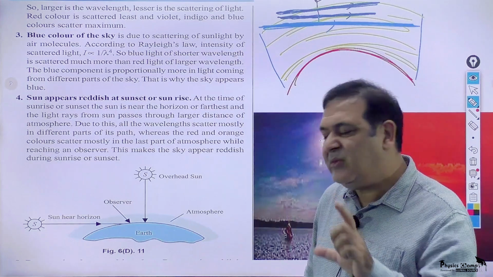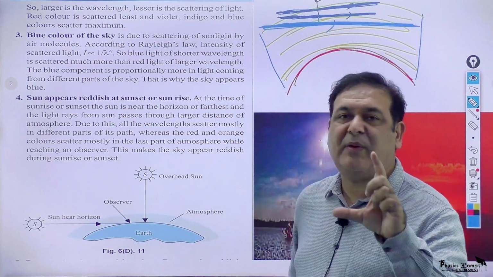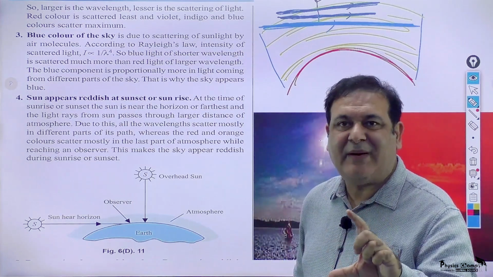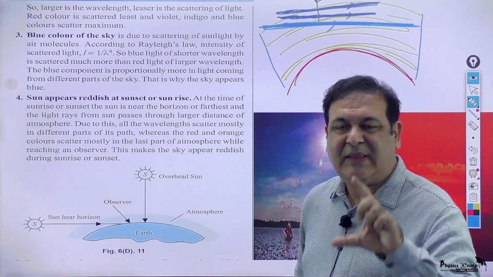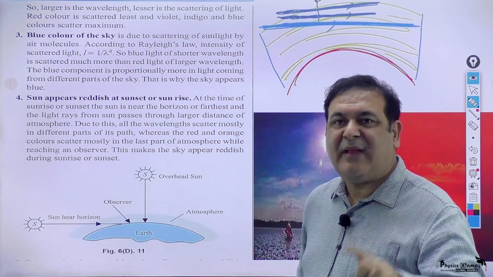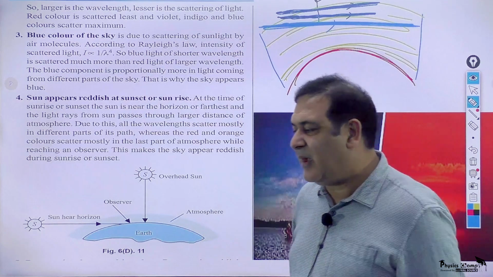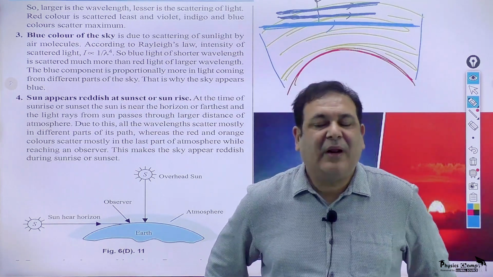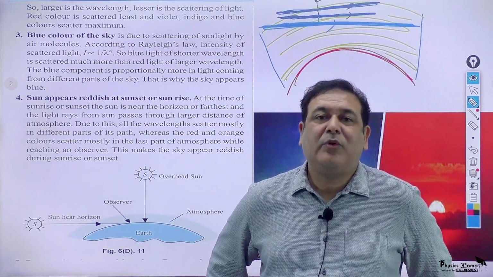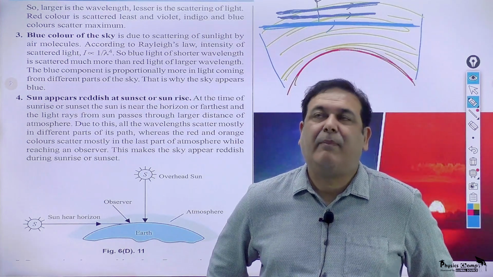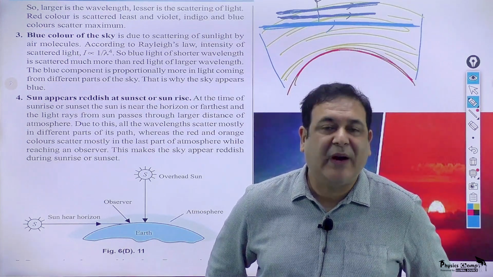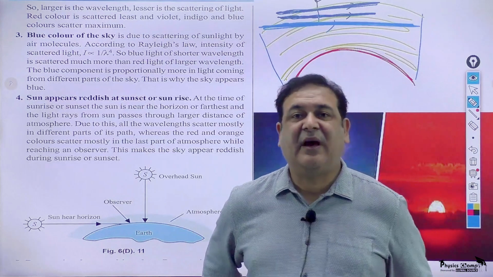So it is just depending on the thickness of the atmosphere. For our Mother Earth, the atmosphere is such that it is the blue color of the sky which we see, mostly scattered in the part of atmosphere which we look at as sky.